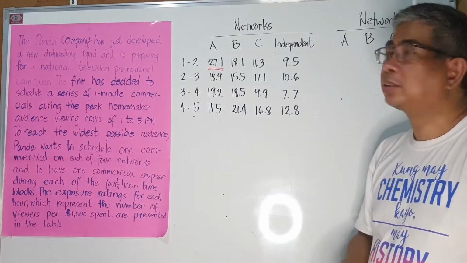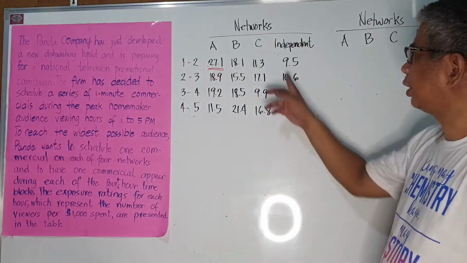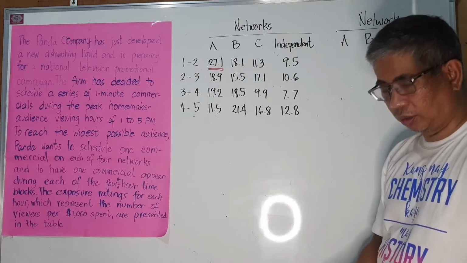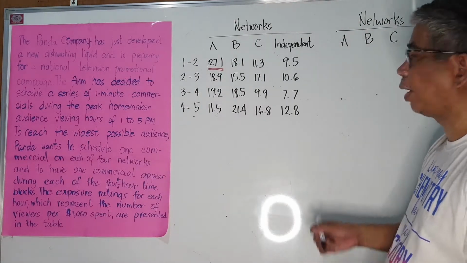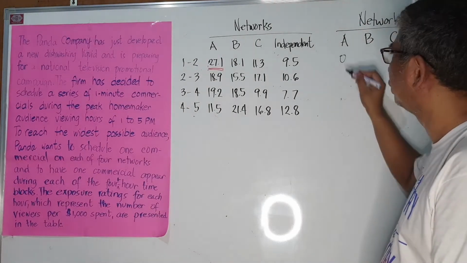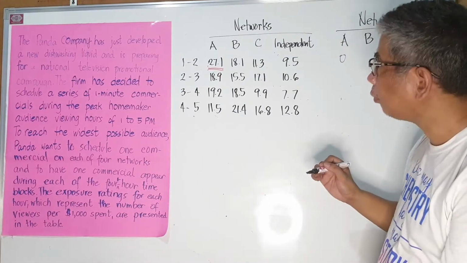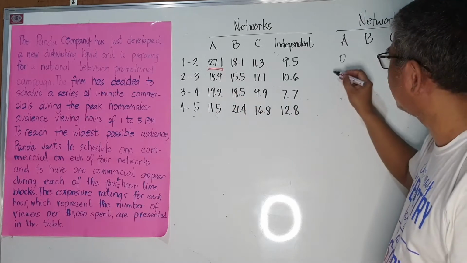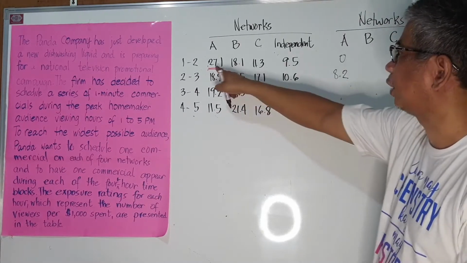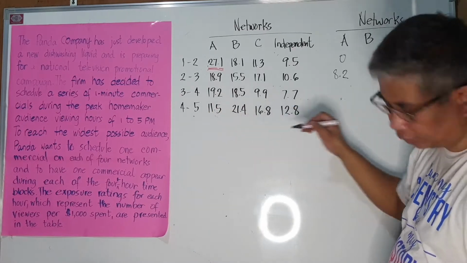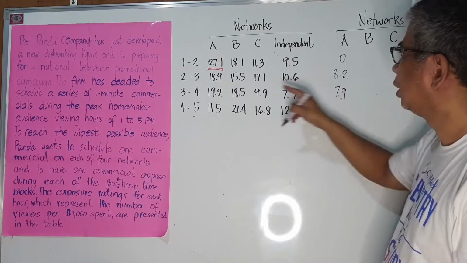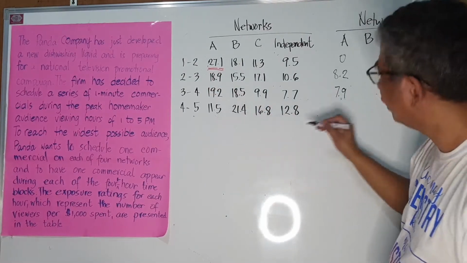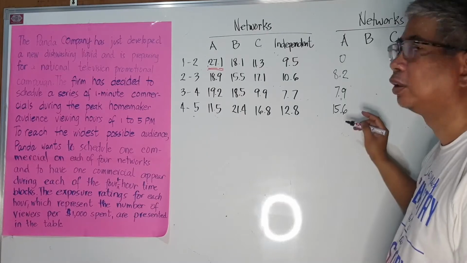So, we subtract all these numbers from the highest value. Okay? So, we do that. So, 27.1 minus 27.1 is 0. Then, 27.1 minus 18.9 is 8.2. 27.1 minus 19.2 is 7.9. 27.1 minus 11.5 is 15.6.